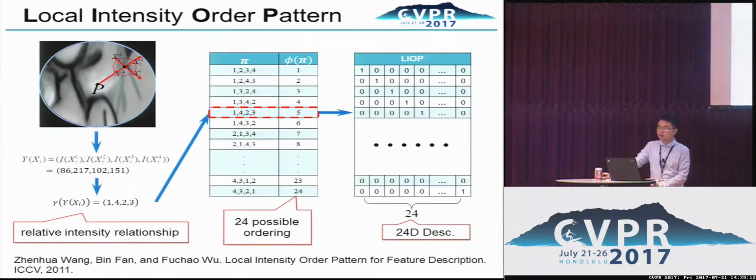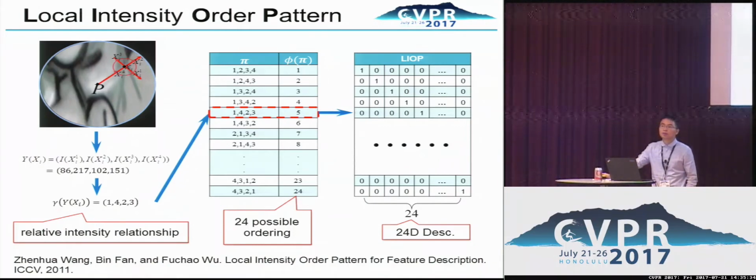Instead of relying on traditional low-level features, as I have used before in MOLOV and MERIT, we also proposed a new kind of low-level feature, named the local intensity order pattern, LIOP, to incorporate the local ordinal information along the pixel.